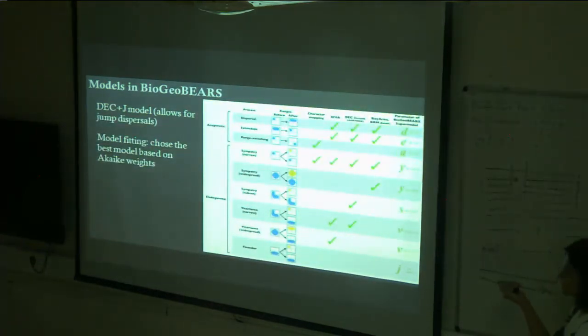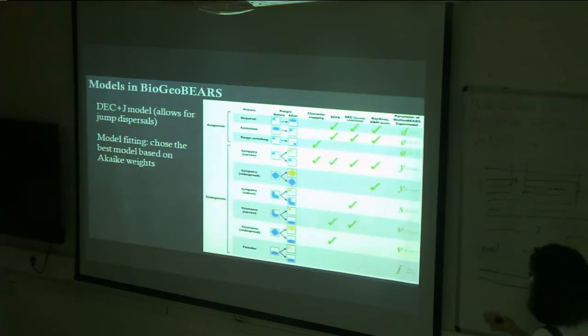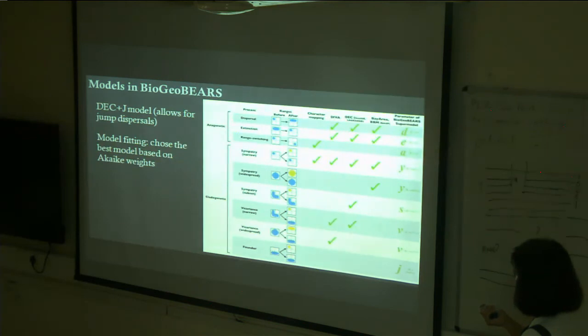So this is from Matzke's paper, where Nick Matzke developed BioGeoBEARS. This table is right from his paper. Basically, it shows you what the different models in BioGeoBEARS can do and how to pick the model you want. So I didn't pick DIVA because it doesn't allow for sympatry.